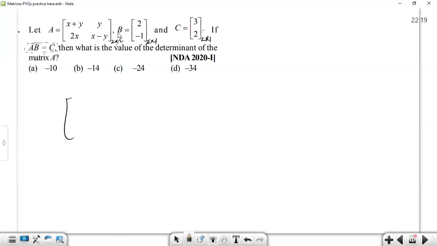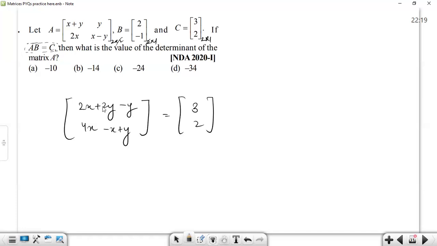So first row: (x plus y) into 2, so that becomes 2x plus 2y, plus y into minus 1, first row into first column, minus y. Okay, there is no other column. So second row and first column, 4x minus (x plus y). This is equal to C, 3 and 2.